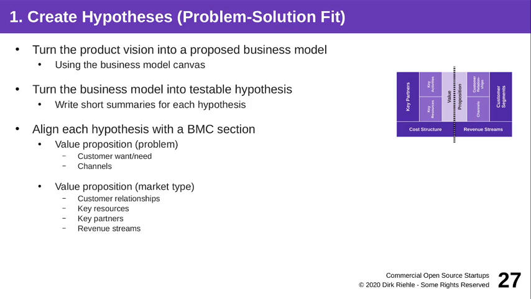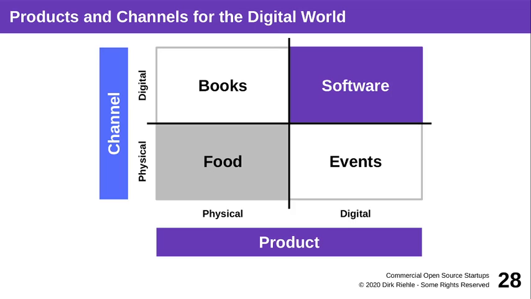So we write down what we think the customers and the market segments are, we write down what we think the value proposition is, and then we turn this into a yes or no question that we can test. And we do this for all the sections in the business model canvas, and then we choose some to test.